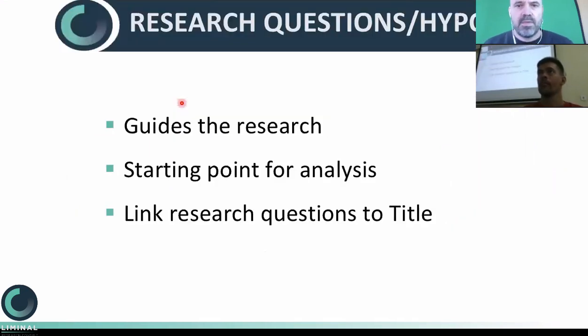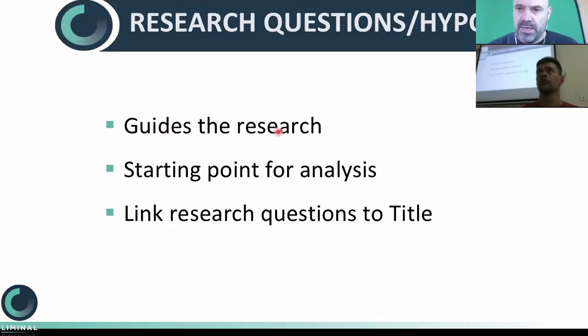To start with the research questions and hypotheses, you need to have a starting point. So your research questions and hypotheses guide your research. It gives you also a starting point for the analysis. So when we do the analysis, we start with the research questions.